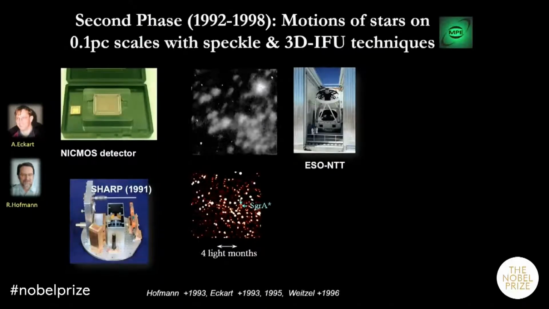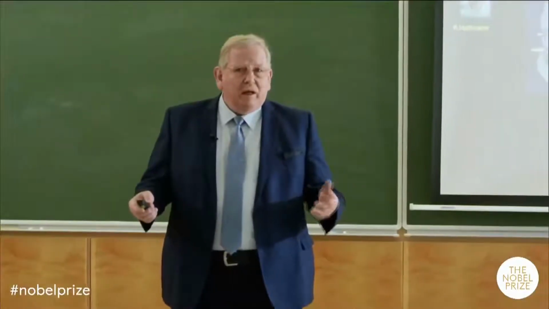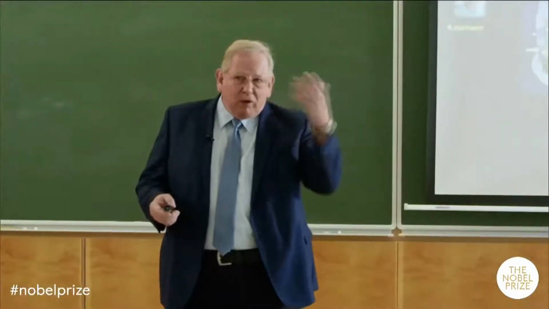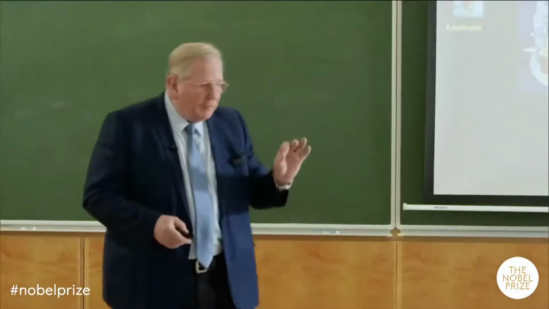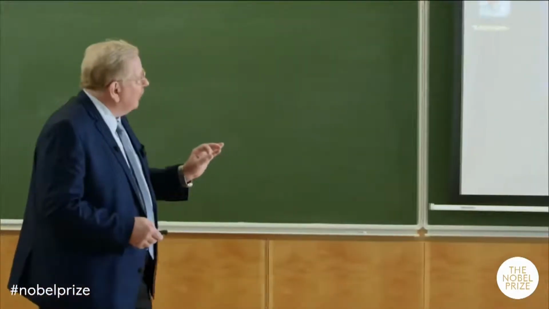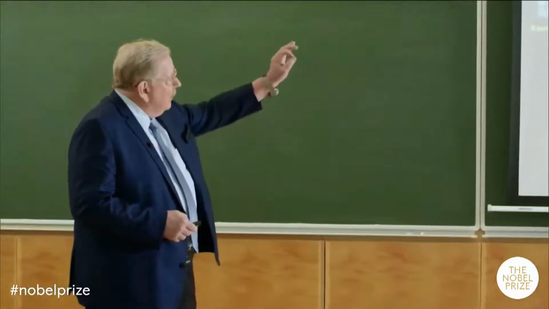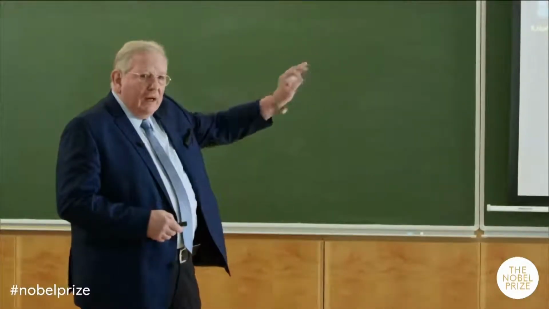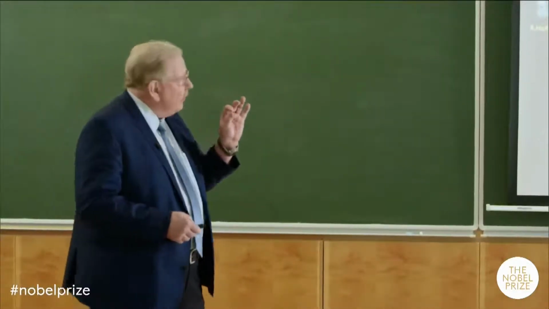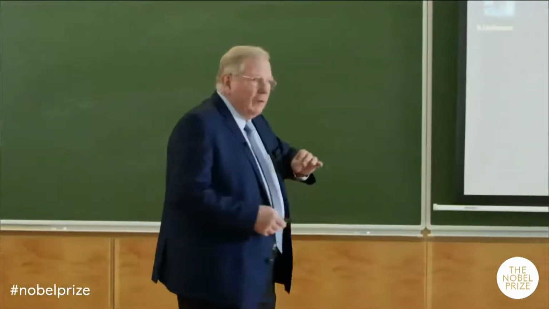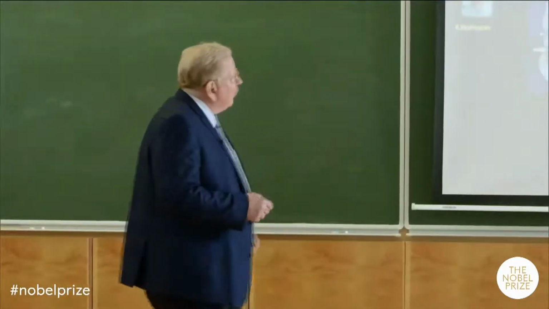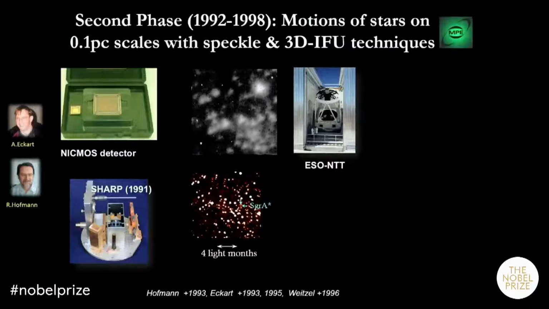The trick is that when you take a picture in the optical or in the infrared, the Earth's atmosphere will blur the image such that you cannot make a very high precision measurement. To measure the motions of stars in the sky, you want very accurate positional measurements over time to see whether they change. So this was the first technique both groups used, the speckle techniques, as you see here.